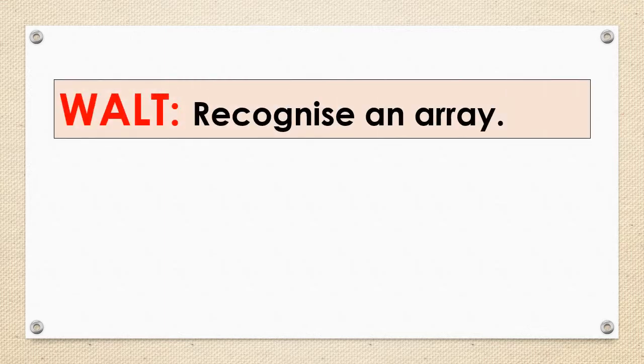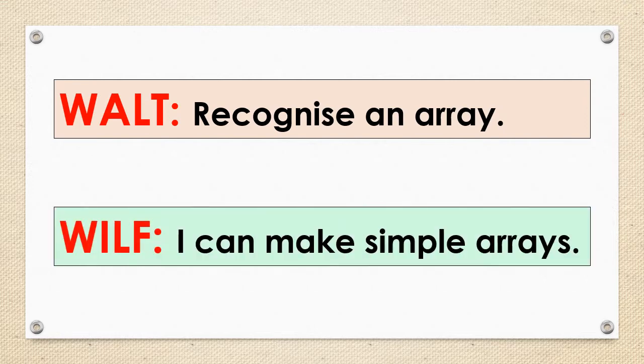Oh, we have to help Teacher Jen to solve a problem. So let's see if our today's lesson solves the problem. Today we are learning to recognize an array, and at the end of the lesson I'm sure you can make simple arrays.